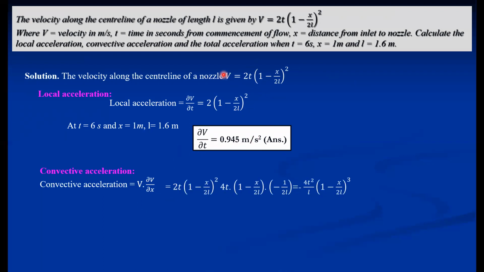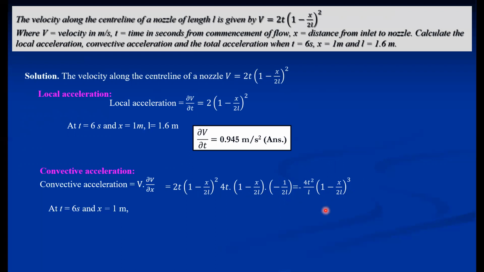For del v by del x, we take 2t into 2, the derivative with respect to x, so 4t bracket 1 minus x upon twice L, and the differentiation of x upon 2L square. After simplification, we get this expression.